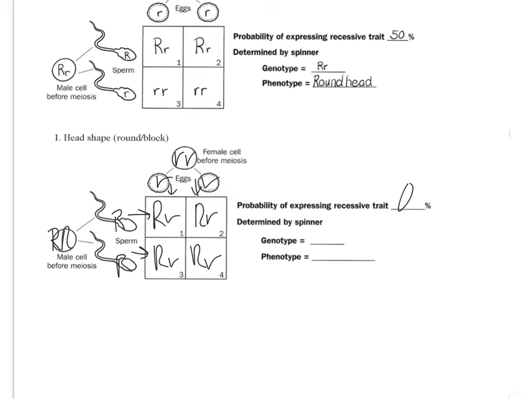And let's say I spun that spinner, and I got a 2, or a 3, or a 4. In this case, I'm going to go with a 3. And the third square says that it would be heterozygous, and that would make it round. So my first trait of my offspring is a heterozygous round offspring.